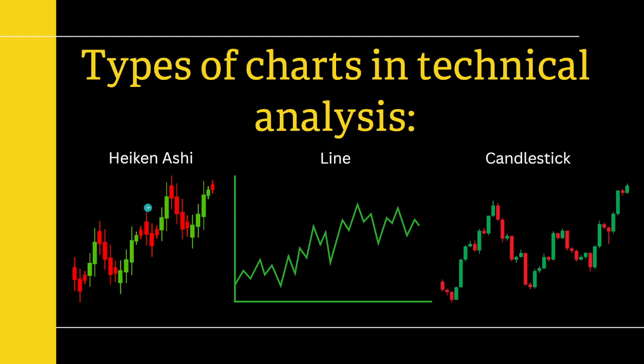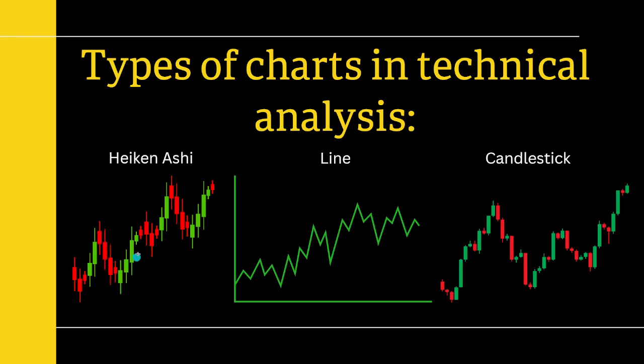The Heikin-Ashi is very similar to a candlestick chart, but the only difference is the candles change colors only after a trend has established. So for example, from here to here, where we are trending up, correct? Then as soon as price reverses and begins to go down, this whole area starts being red.